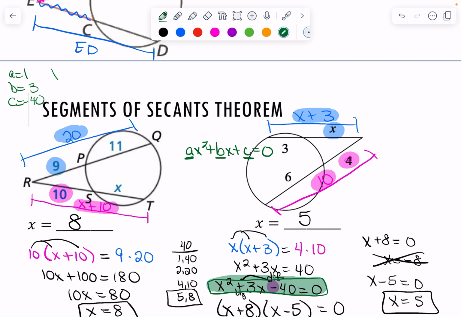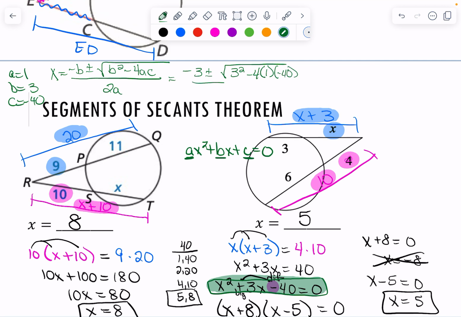Remember, it goes x equals -b plus or minus the square root of b squared minus 4ac, all over 2a. So when we plug that in, we get negative 3 plus or minus the square root of 3 squared minus 4 times 1 times -40, all over 2 times 1.